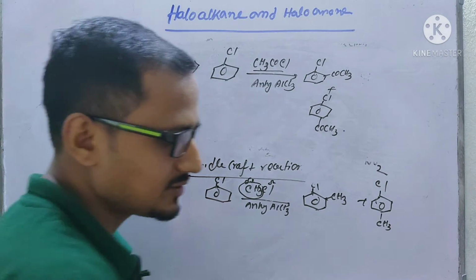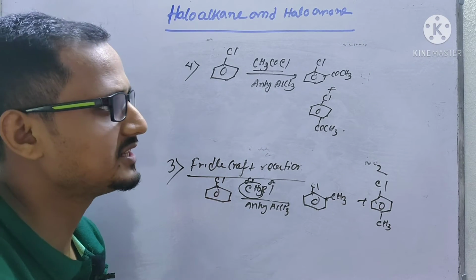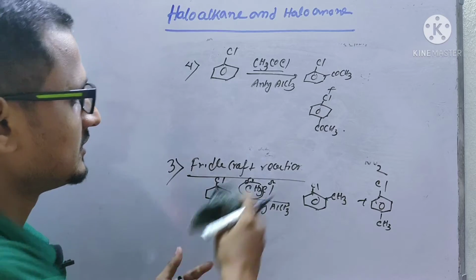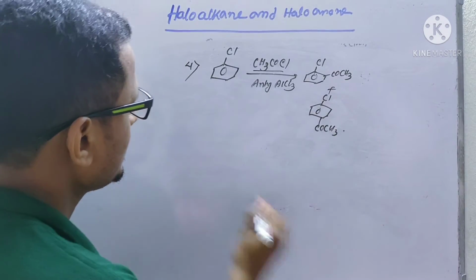Okay. Similarly we can do the sulfonation of haloarene. Sulfonation is done only by sulfuric acid, you know. So that SO3H group will be substituted in ortho and para position.